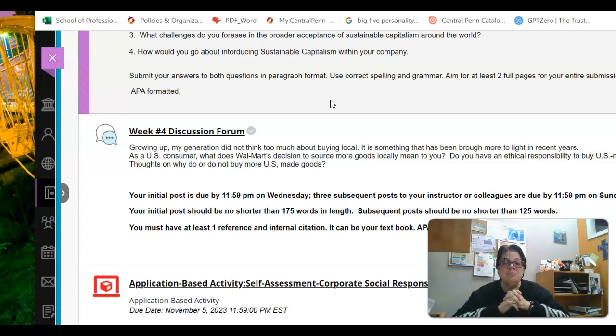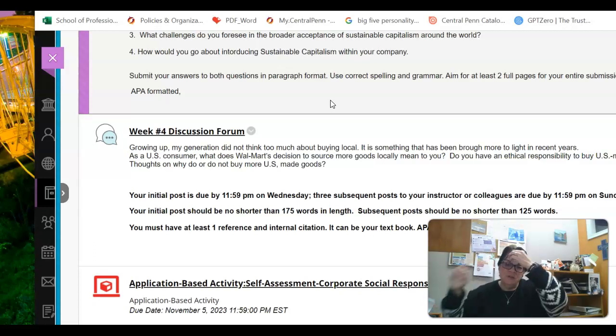As a U.S. consumer, what does Walmart's decision to source more locally mean to you? And this is a topic for global corporate social responsibility. Being more local, shopping from your local suppliers rather than going to international goods, getting goods made in the United States.